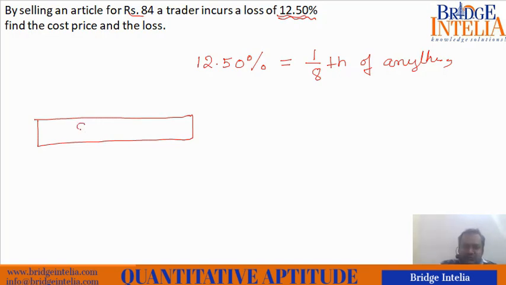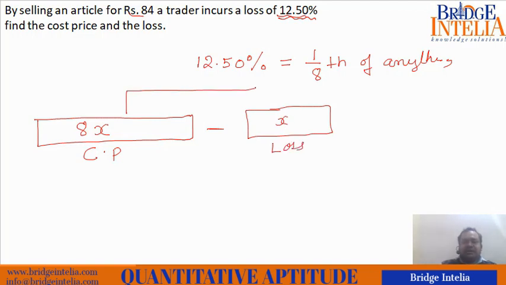So you assume that you invested 8x. So you have a loss of x, 1/8, because the loss percentage is 12.50%. So cost price minus loss is equal to selling price.